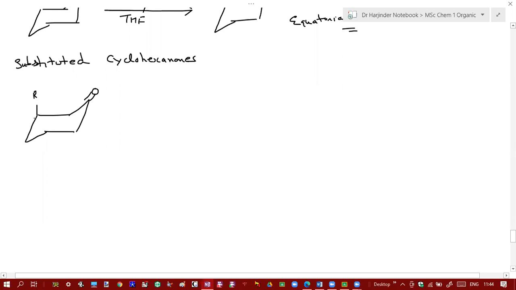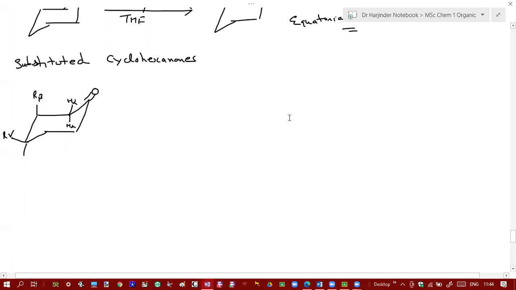This carbon is alpha, this carbon is beta. Suppose here you have only hydrogens, so these are both alpha hydrogens, equatorial and axial. And here a beta substituent is there, and suppose here you have another substituent, say R gamma.